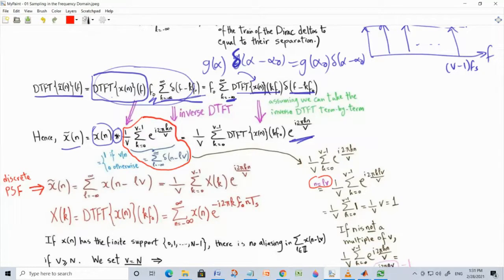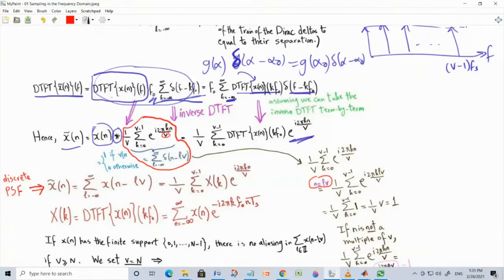So again, there is a fixed v, and it represents the number of terms in this summation, and it's also here. Now suppose that n is an integer multiple of v. So it is equal to 0, or v, or minus v, or 7v, or minus 13v, or something like this.